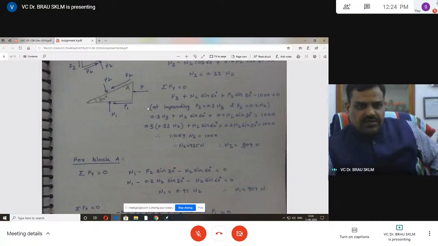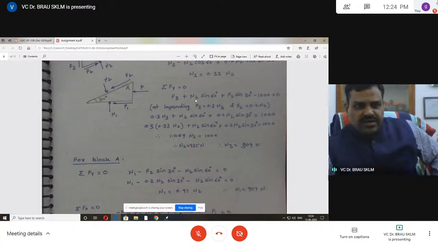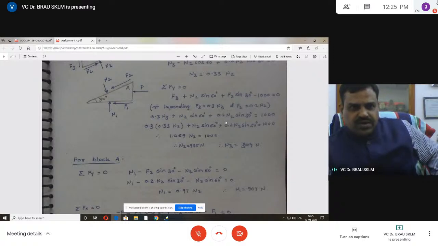Here I have written N3 is equal to 0.33 N2, that you can substitute wherever required. F3 is equal to 0.3 and F2 is equal to mu times N3 and N2 times, and write the vertical equation. Vertical equation is F2 sin theta, N2, this is vertical. Like that we have to find the N2 component, then N1 and solve the problem. Okay.